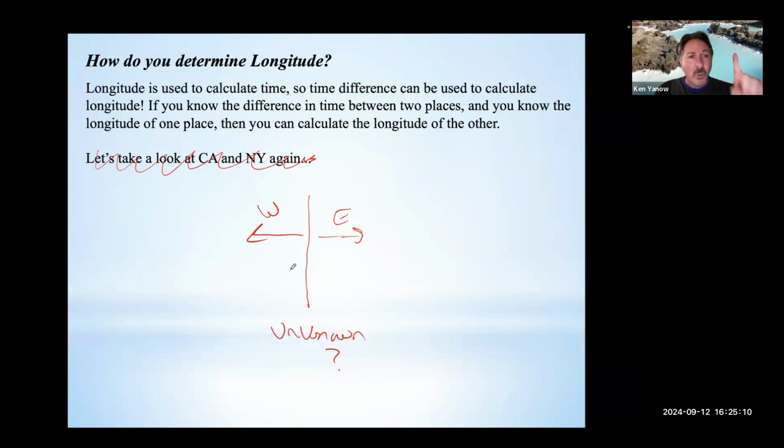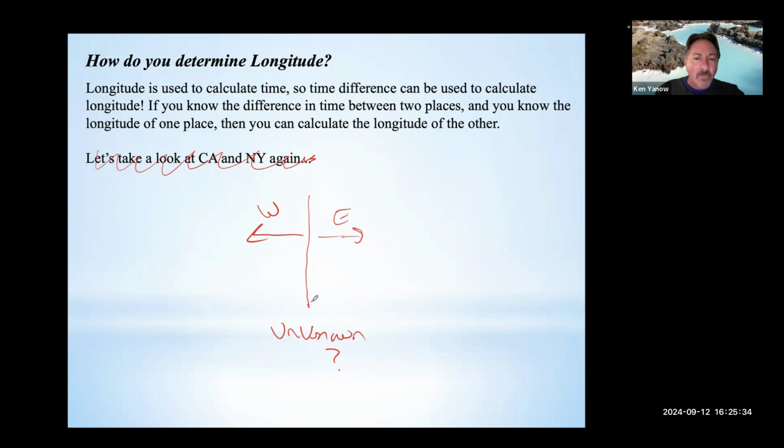Not necessarily directly overhead. Remember, that's not always going to be the case. But it's at the highest point in the sky at solar noon, which means that the shadow is going to be the shortest. So let's say for sake of argument, you're at this unknown location for a couple of days, and you determine when it's solar noon because you determine when the shadow is the shortest.